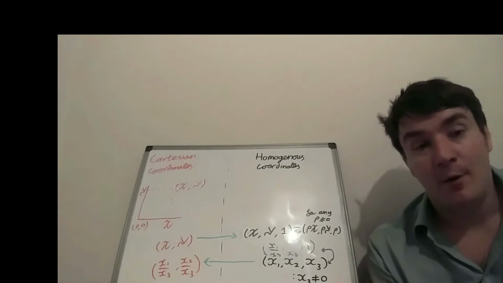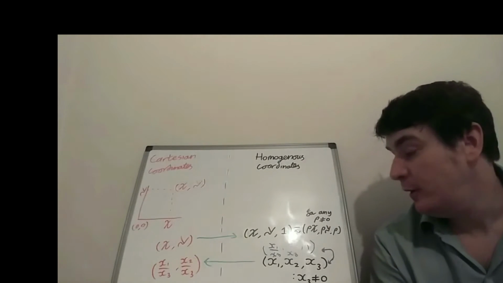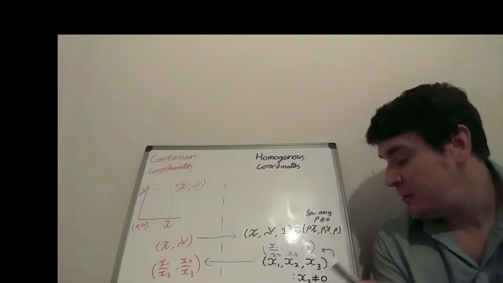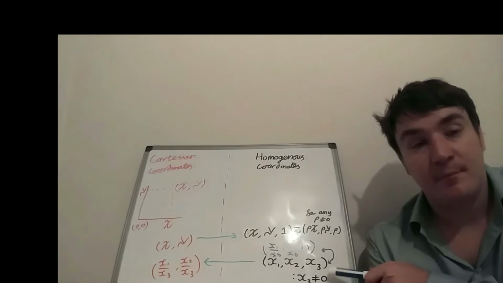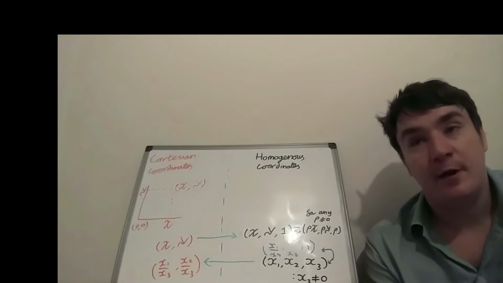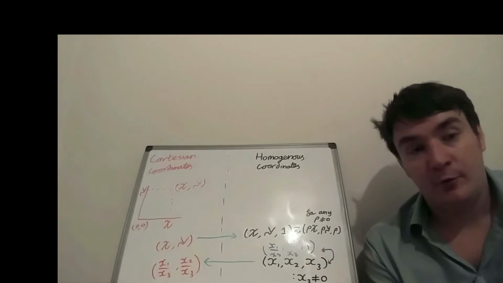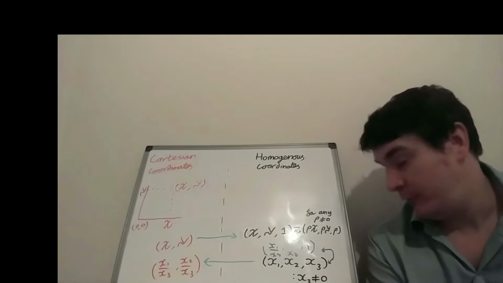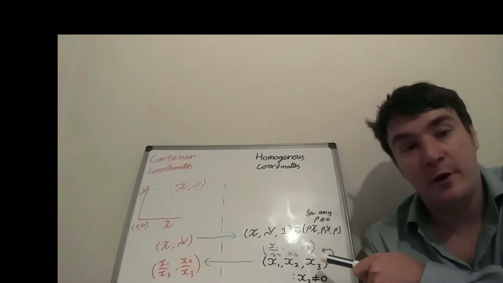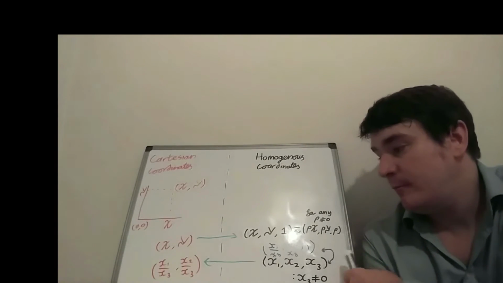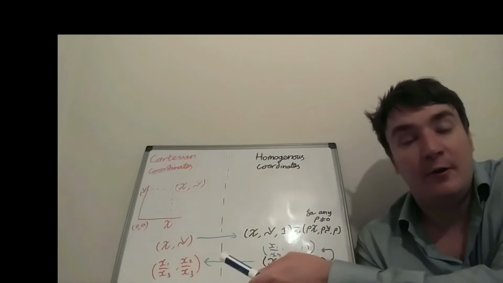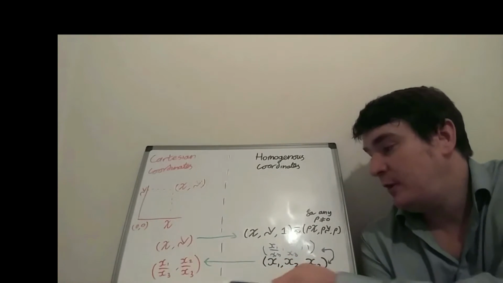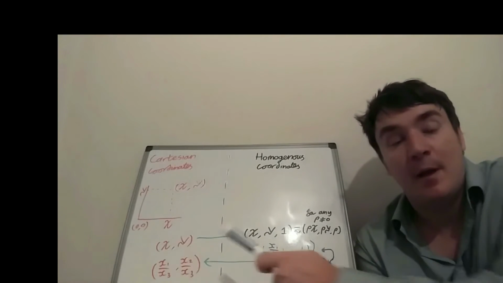So the real power of homogeneous coordinates is that in addition to allowing non-zero third entries here, we can also allow 0 third entries. Now, of course, such points can't be given exactly the same kind of interpretation via Cartesian coordinates, because such things would involve division by 0.